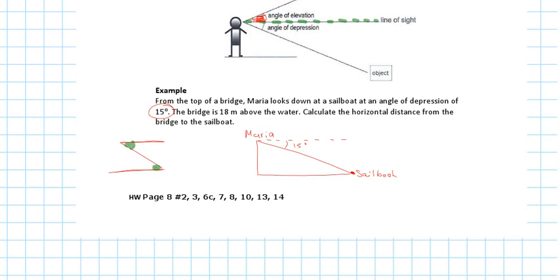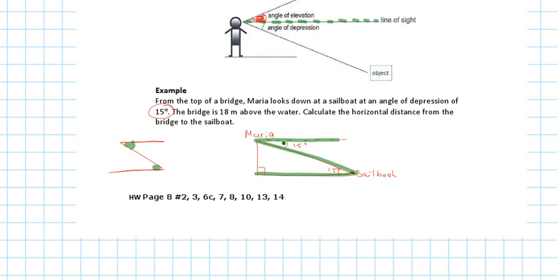So if you look at this one here, I have my Z pattern, and that means if this angle here is 15, then this angle here is also 15.